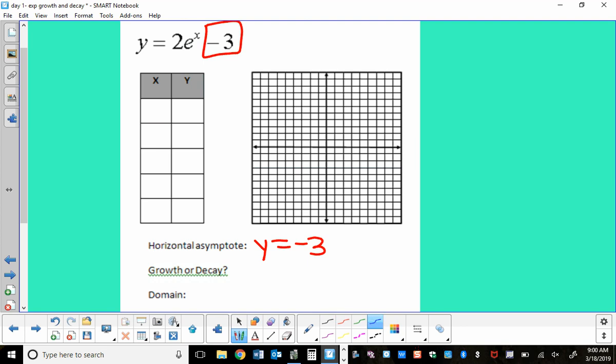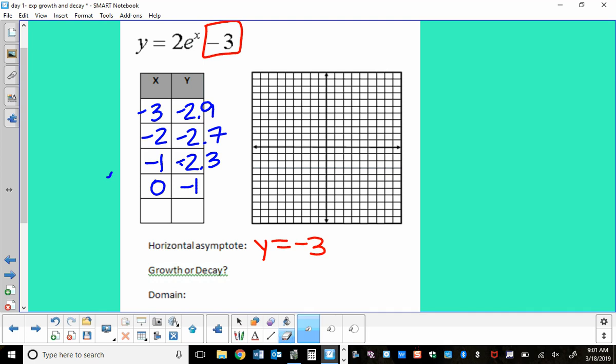Alright, you type this in, you would get -3 and -2.9, -2 and -2.7, -1 and -2.3, and 0 and -1.